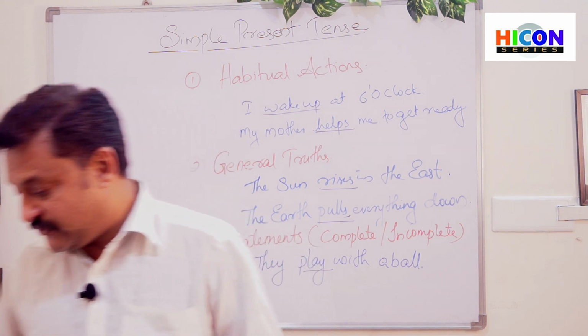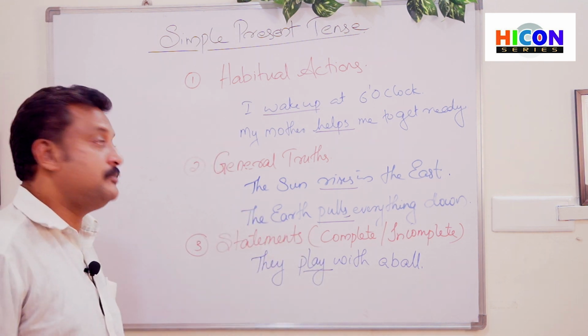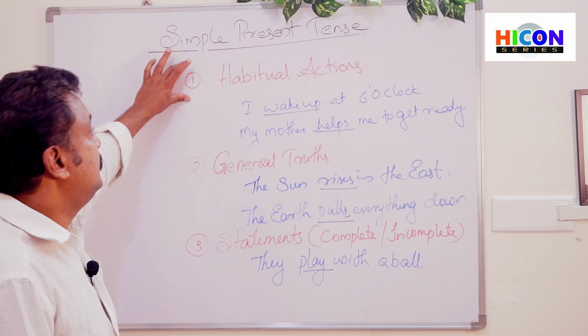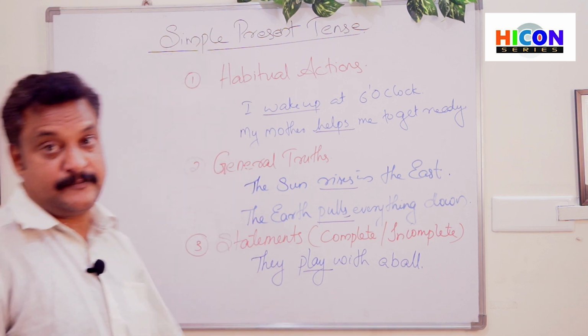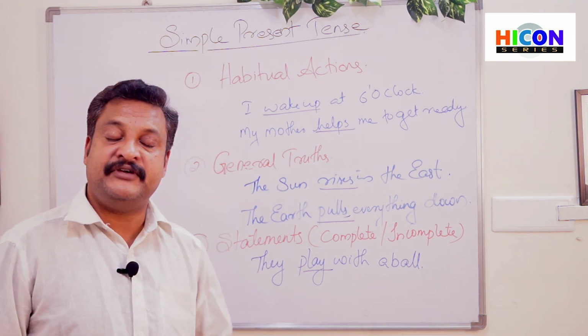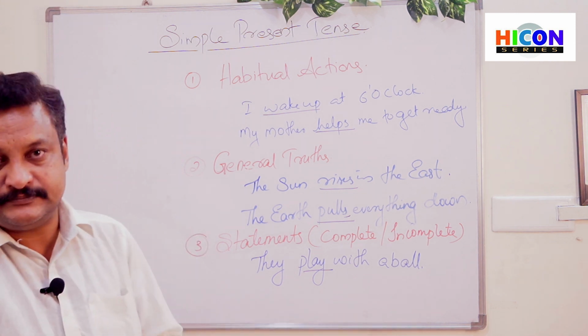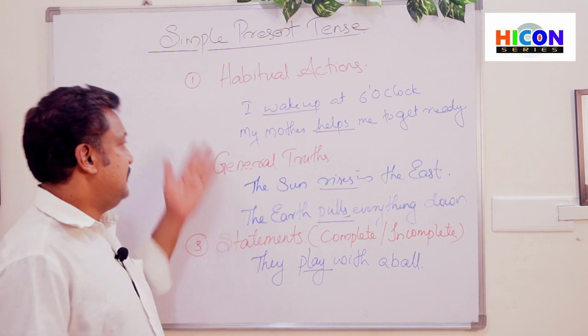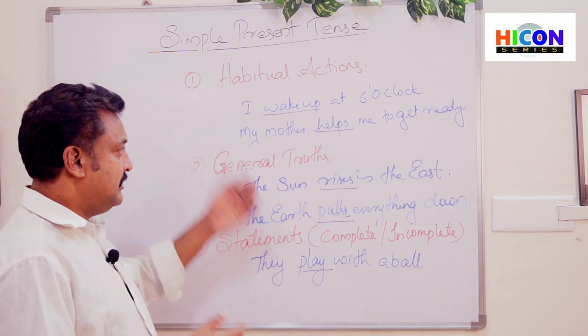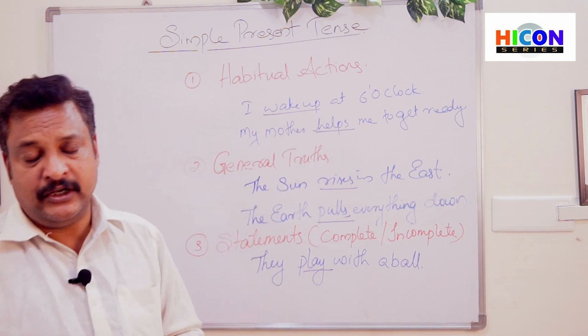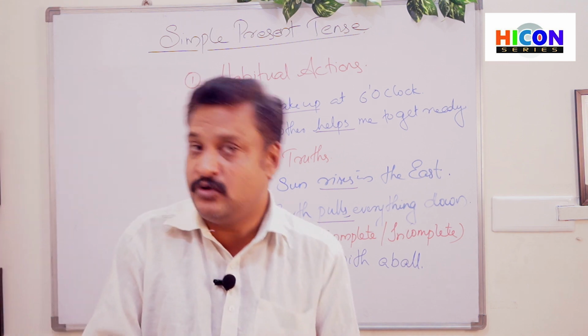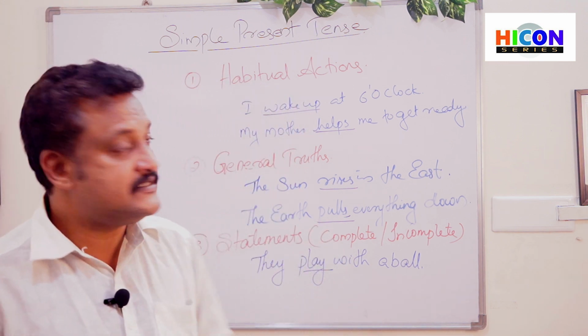So these are the 3 usages of the simple present tense. First one, to express habitual actions. Habitual actions are actions which we do daily, which are a part of our habit. Examples: I wake up at 6 o'clock, my mother helps me to get ready, or I go to school by school bus. These kinds of sentences.